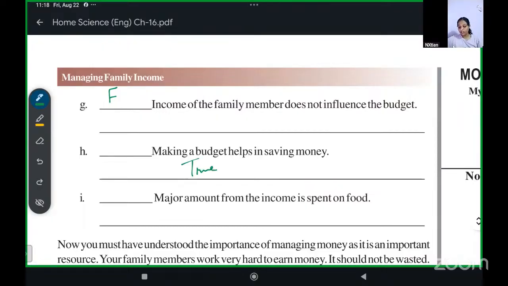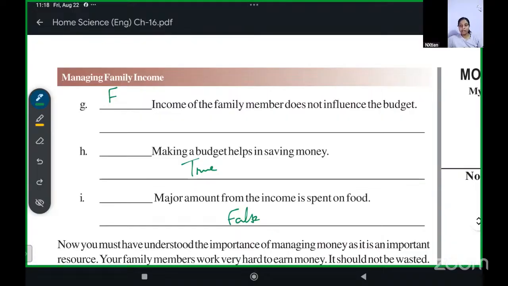Major amount from the income is spent on food. True. Is it true? It depends, I think. I think it's false here. For some people it might be true also.